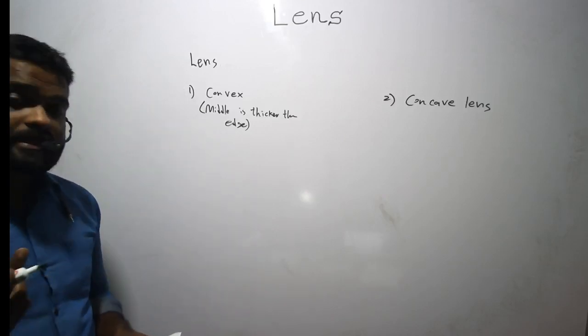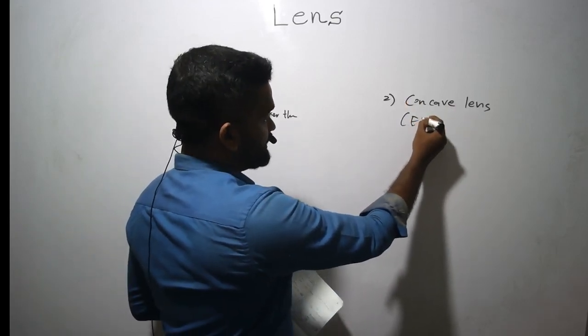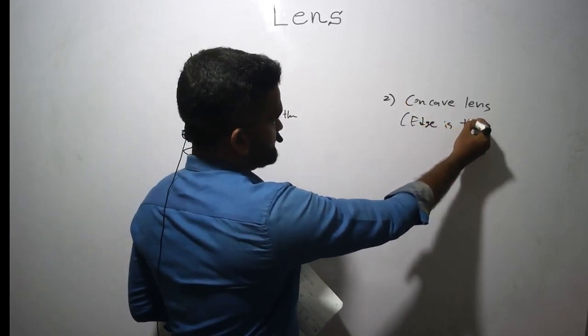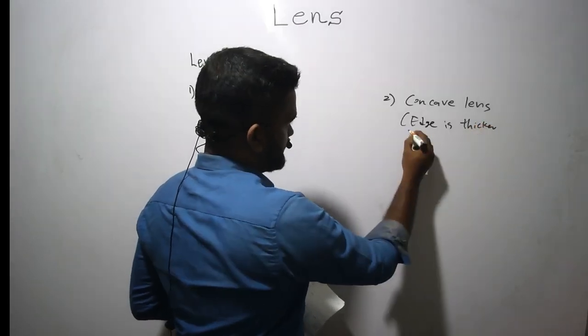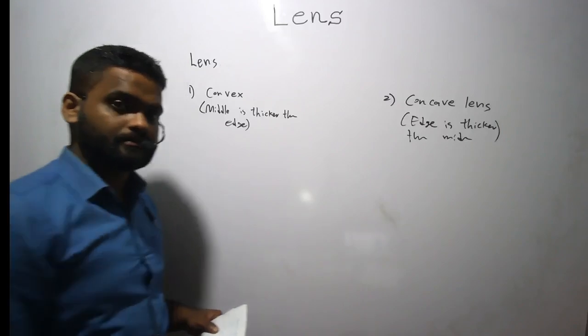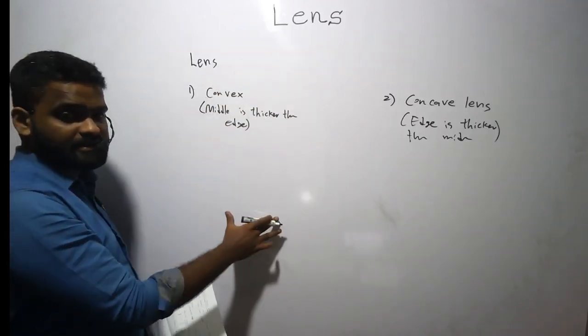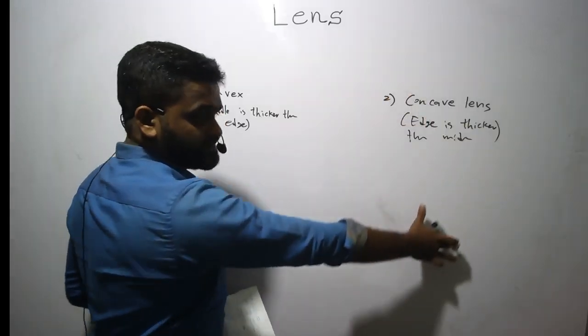Then there are concave lenses. Below that you can write: edge is thicker than middle. Then there are types of convex lenses, then concave lenses.